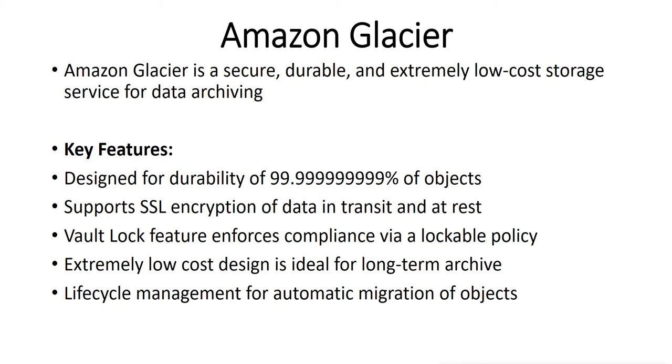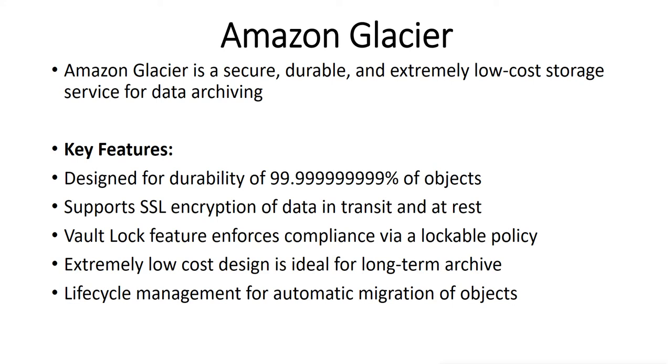The key features are again high durability, like S3 Standard and S3 IA, and it supports SSL encryption. It doesn't mention availability or latency, because once we store files in Glacier, it takes some time to get those files back, 2 to 3 hours.